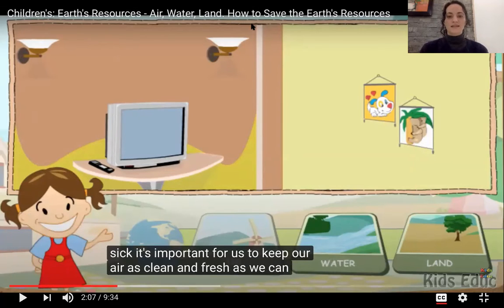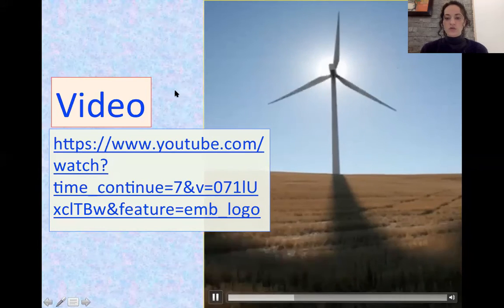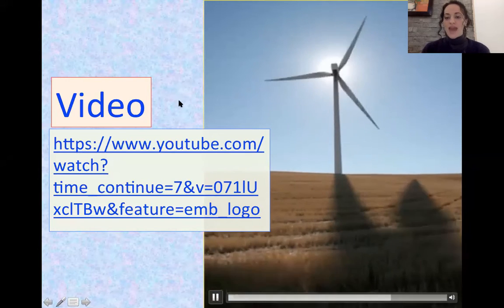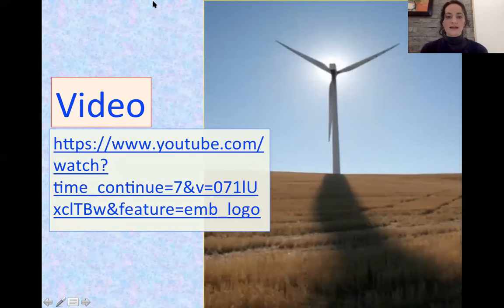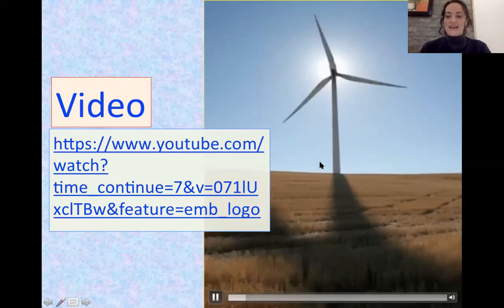So instead of burning coal and oil, we should use windmills and make energy from the wind. Remember, this is called clean energy.